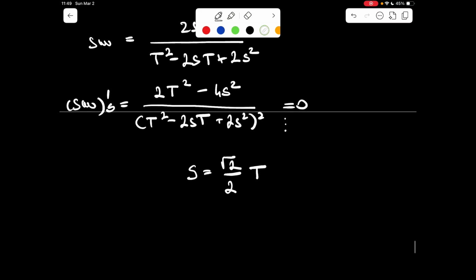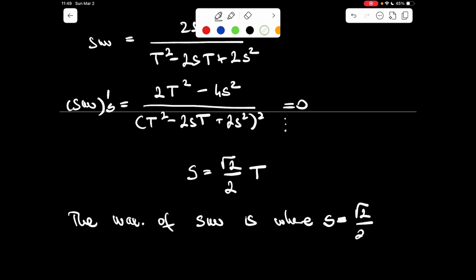So the maximum of Sm is where, okay, this is something that we know.